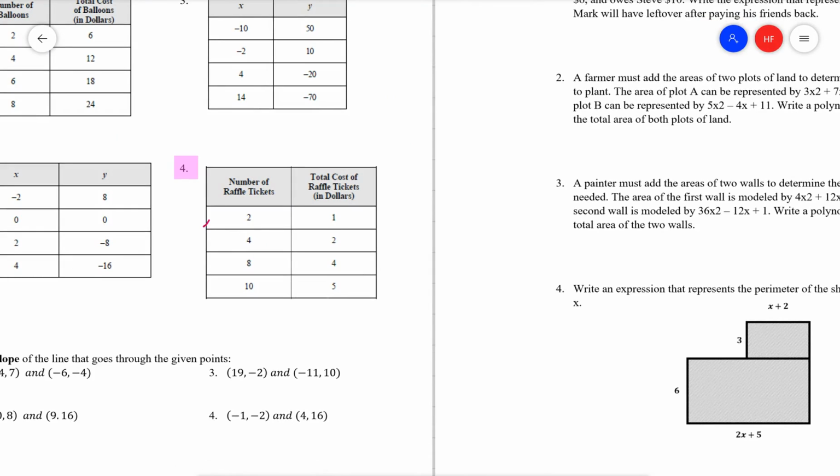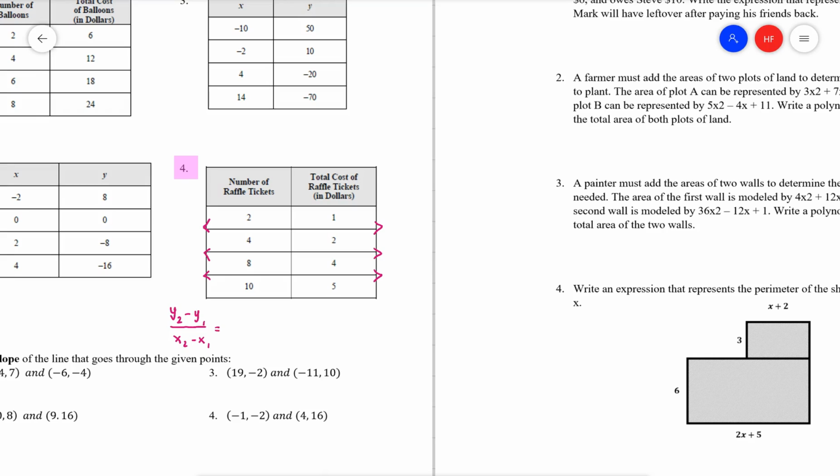You can find the difference between your x's and then the difference between your y's and put them over each other. But I prefer to use the slope formula and just pick out any 2 points. So that's what I'm going to do. If you prefer to find the difference in the tables, then that's fine.